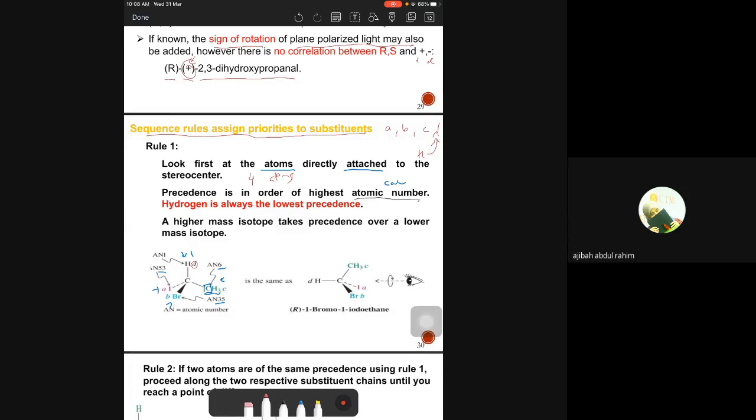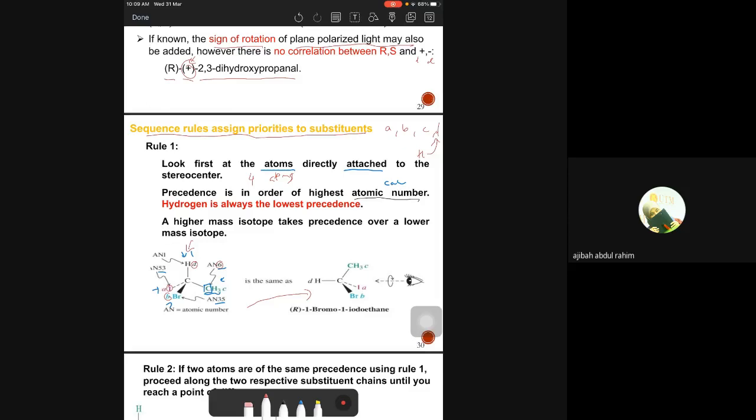Among these, iodine would be considered to have the highest priority because the atomic number is 53, while bromine would be second, or B, with atomic number 35, and carbon here would be considered as the third highest priority, having atomic number 6. So now the way you are going to view it is always put the lowest priority at the back.